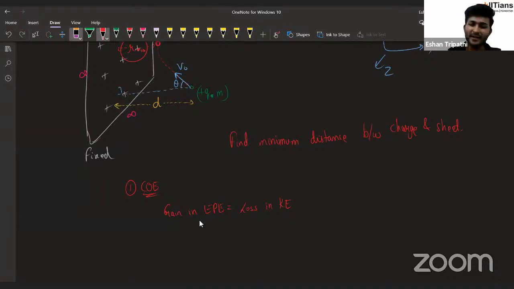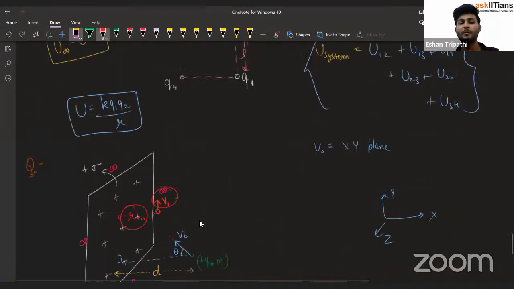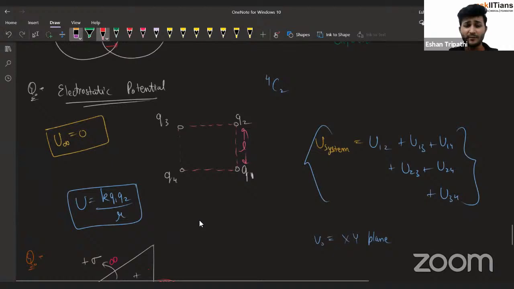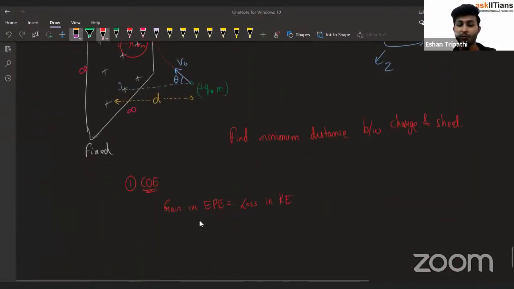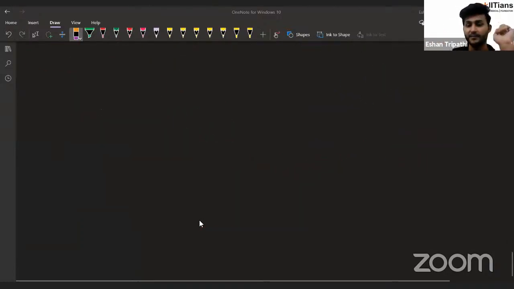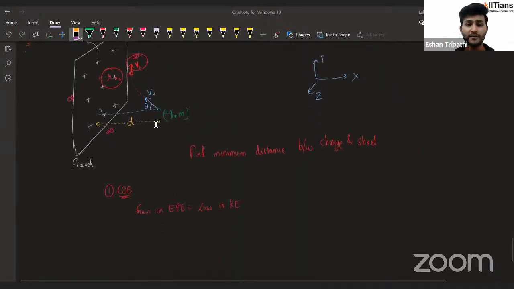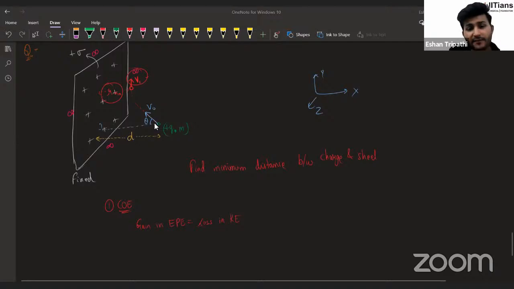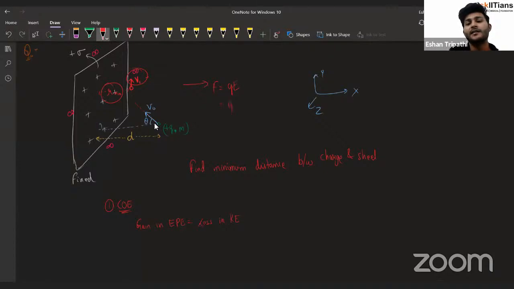But just by seeing electrostatic potential energy, don't get your hopes high that you can use this formula kq1 q2 by r, because that is for point charges. If you want to find out potential energy over here, you need to find the work done by this force. So we will say the force acting on this charge towards right is constant, equal to charge multiplied by electric field, that is q sigma by 2 epsilon naught. Is that right? This is the constant force.